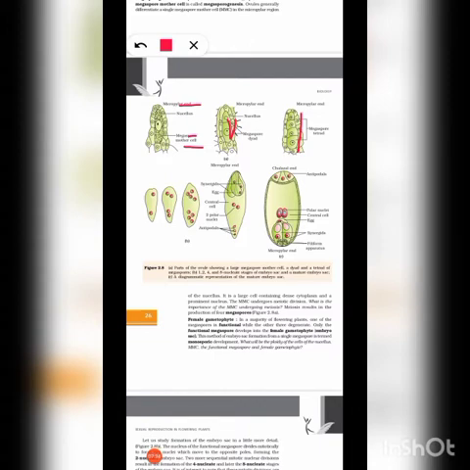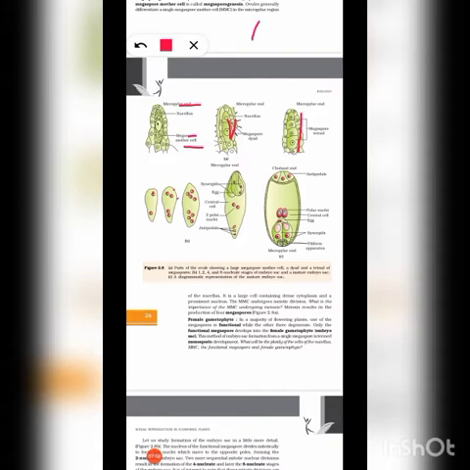Once mitotic division happens, it will get divided into 2 nuclei. And now again one more mitotic division, and it will change into 4 nuclei within the same cytoplasm. Now one more mitotic division.